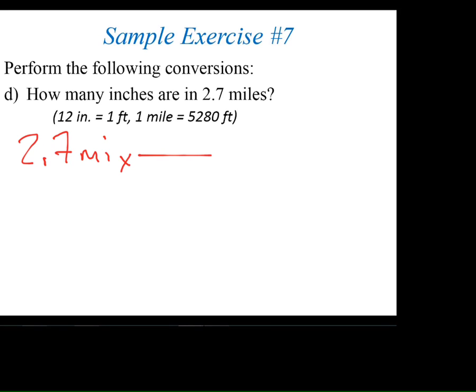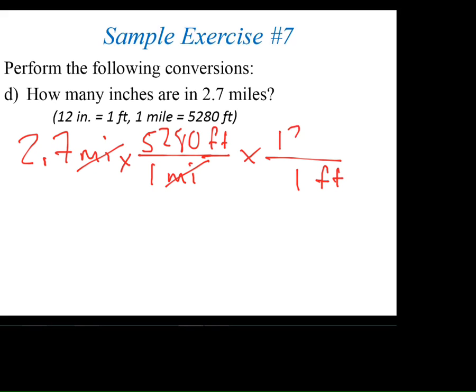Oh, 1 mile is 5,280 feet, right? So miles cancels. Now I'm in feet, so I need a conversion that has feet to put down here. So I look and I see 12 inches equals 1 foot. So 1 foot on the bottom, 12 inches on the top. So now feet cancels, and I'm left with inches.